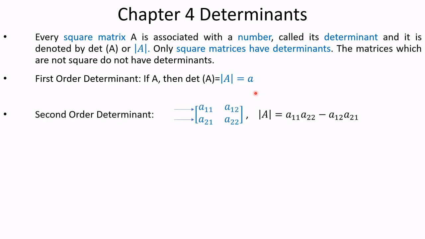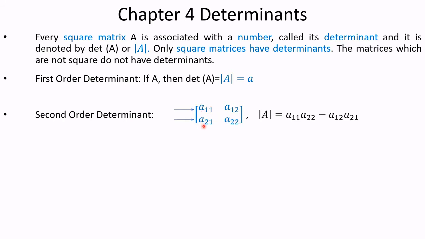Then the second order determinant is represented as A11, A12, A21 and A22 within square brackets. So this is the second order determinant, where there are two rows. This is the first row and this is the second row. Two rows and two columns.